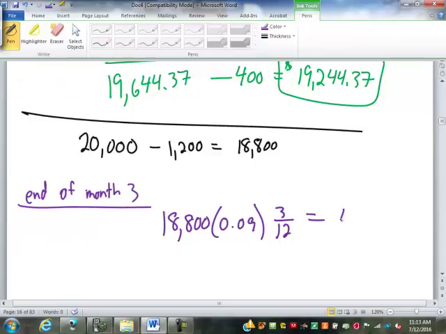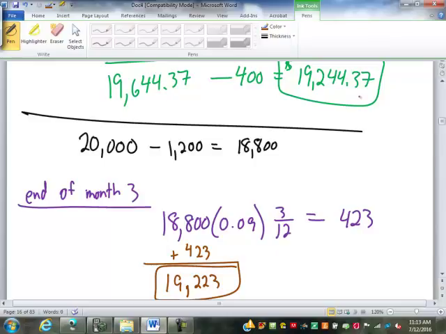So 423 in interest. You add the 423, and your balance is $19,223. You just saved about $21 in interest by making one payment.